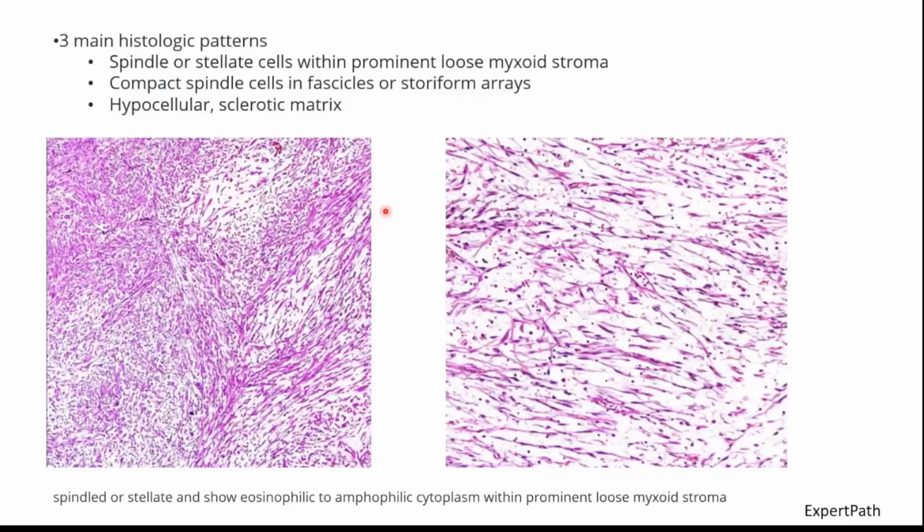For the histology findings, we usually see these spindle stellate cells in a loose myxoid stroma. These cells are usually forming vesicular or even vaguely storiform patterns. Somewhere we may see some hypocellular and sclerotic matrix.